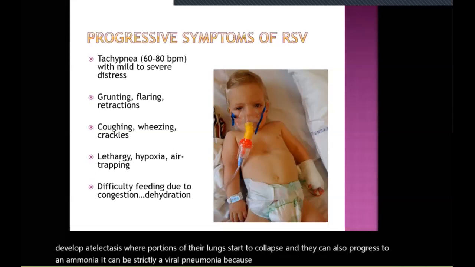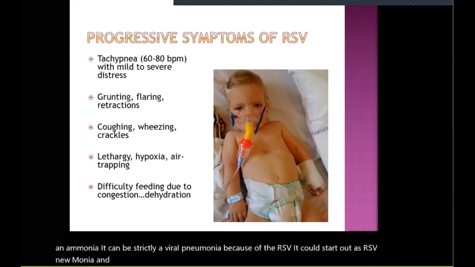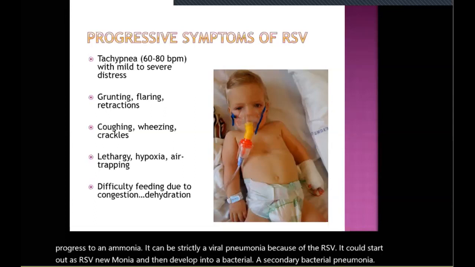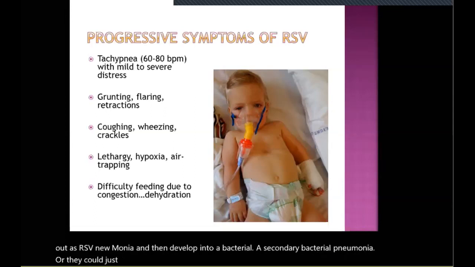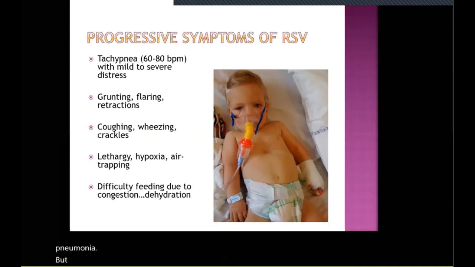It could start out as RSV pneumonia and then develop into a secondary bacterial pneumonia. Or they could just remain at bronchiolitis. So RSV bronchiolitis does not equal RSV pneumonia, but RSV bronchiolitis can progress to RSV pneumonia.